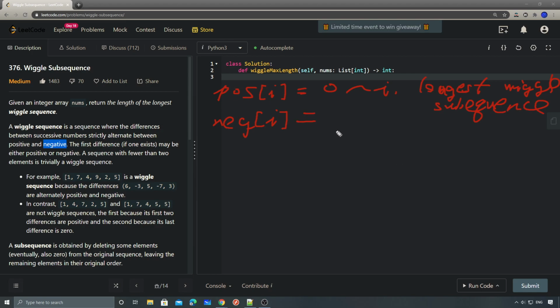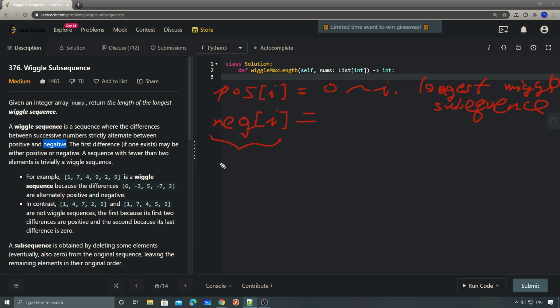The positive one is the longest Wiggle subsequence if the last difference is positive, and the negative one is the longest Wiggle subsequence if the last difference is negative.